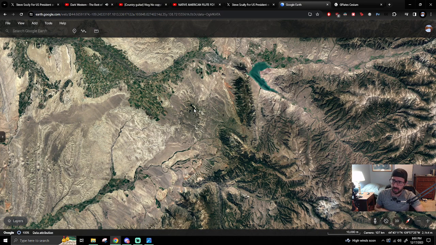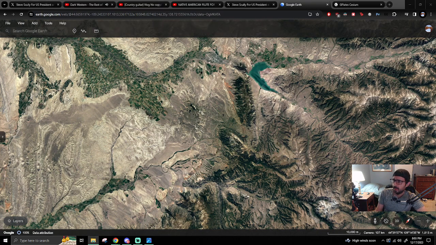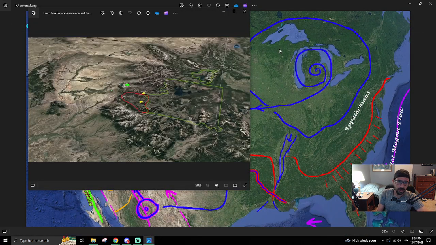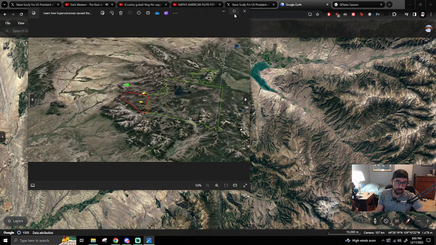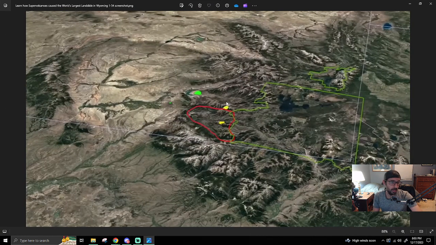I took images of the slides, so maybe I can find it. So this is from Myron Cook's video. These are volcanoes in yellow. This is the area that it came from. These are chunks that slid. So this is Hard Mountain.